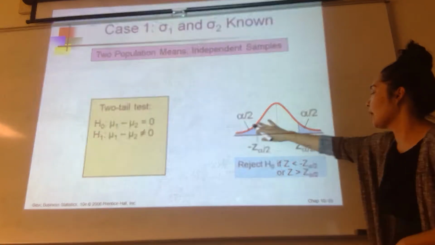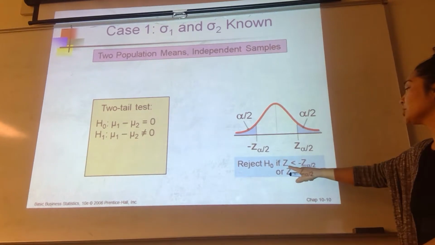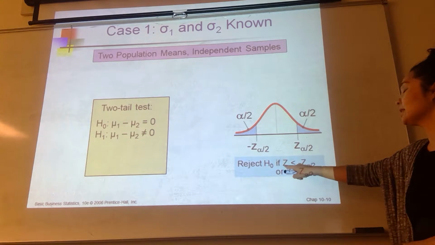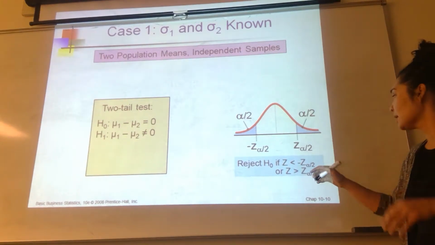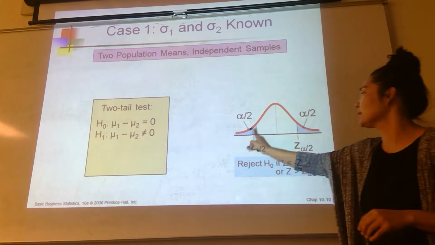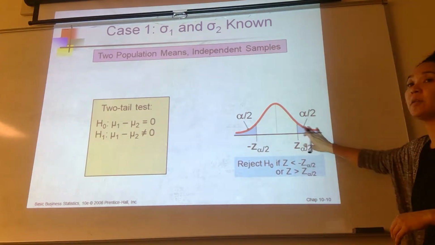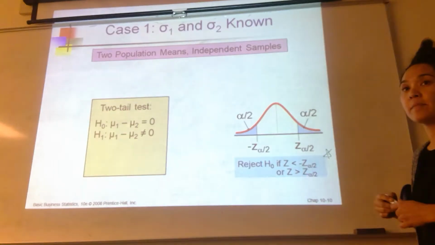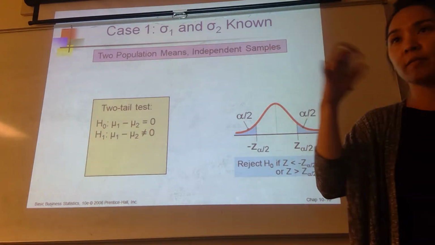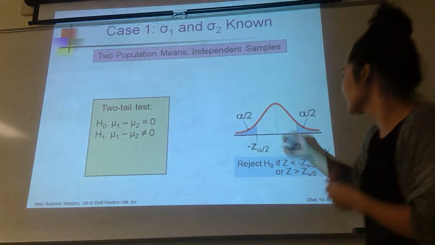Again, the tails are alpha over 2. We reject the null hypothesis if the z-test score that we get is less than this, if it falls here, or if it's greater than that. That's all this is saying. Otherwise it falls within the non-reject region.